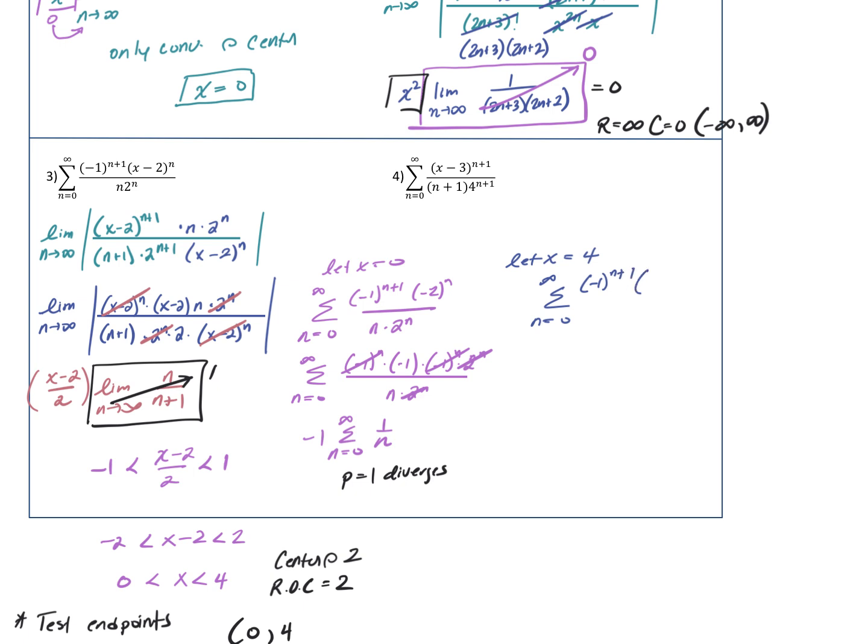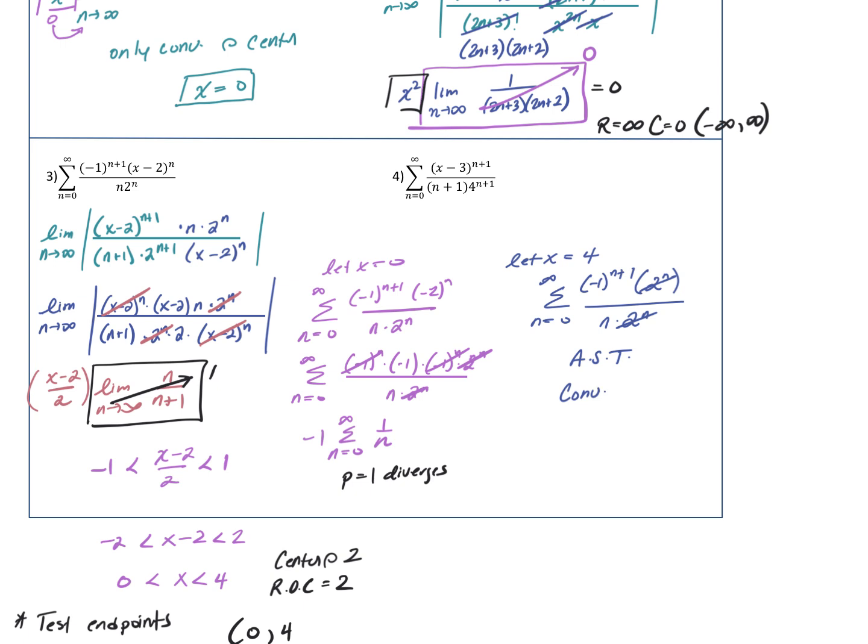So 4 minus 2 is 2, 2 to the nth power. And then n times 2 to the nth power. This is AST. This is definitely alternating series. So this is the alternating harmonic. This one converges. That's enough for that, okay?